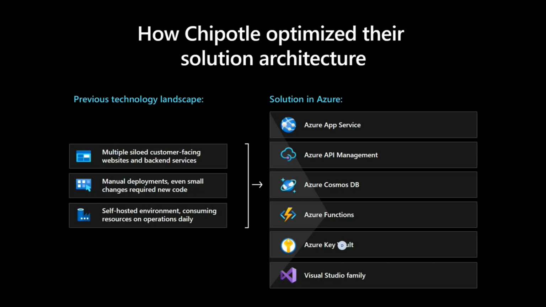They also don't have to worry about the performance and scalability, because everything is on auto scaling. They are also reducing the time to market and making quick adjustments to their customer needs. So these are some of the benefits that Chipotle gets from moving the applications to solutions in Azure.